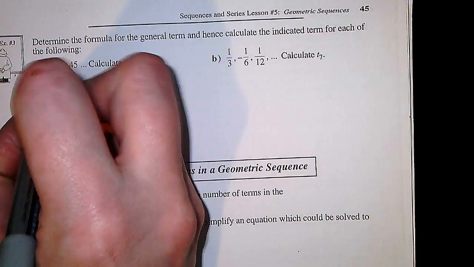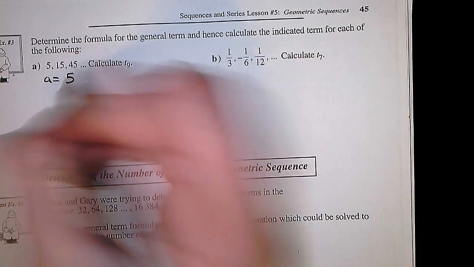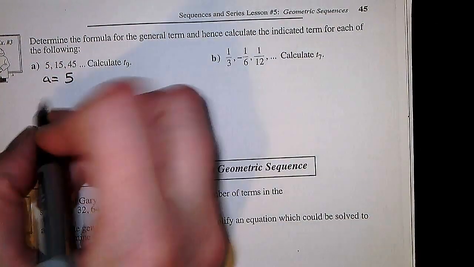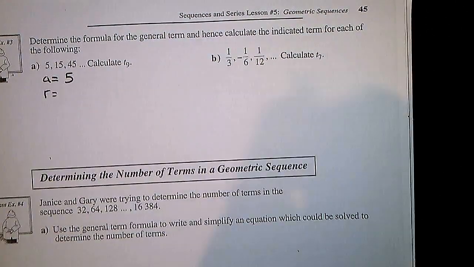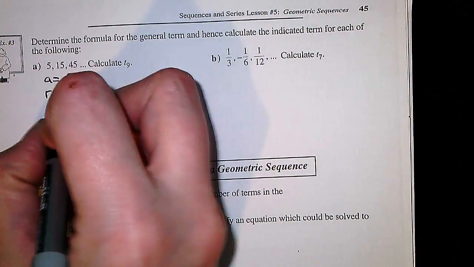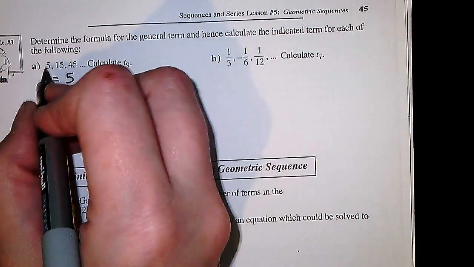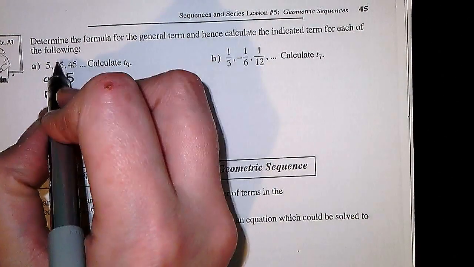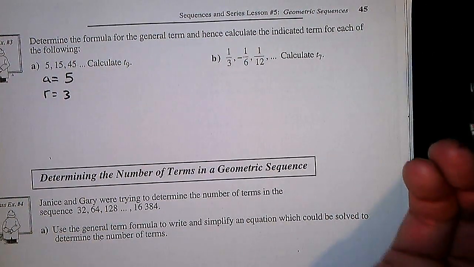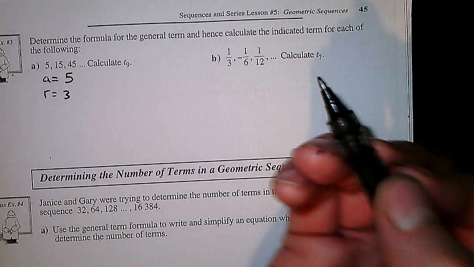So for this one, the first term is equal to 5, as you can see, and the common ratio, we're going to have to multiply by 3. So 15 divided by 5 is 3, 45 divided by 15 is 3, so the common ratio is 3.